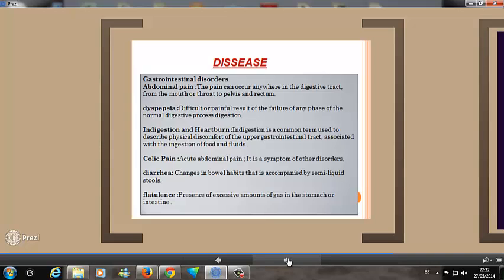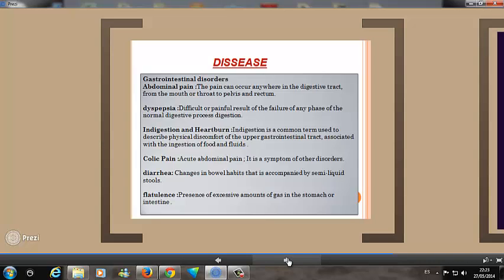Indigestion is a common term used to describe physical discomfort of the upper gastrointestinal tract associated with the ingestion of food and fluids. Colic pain. Acute abdominal pain.